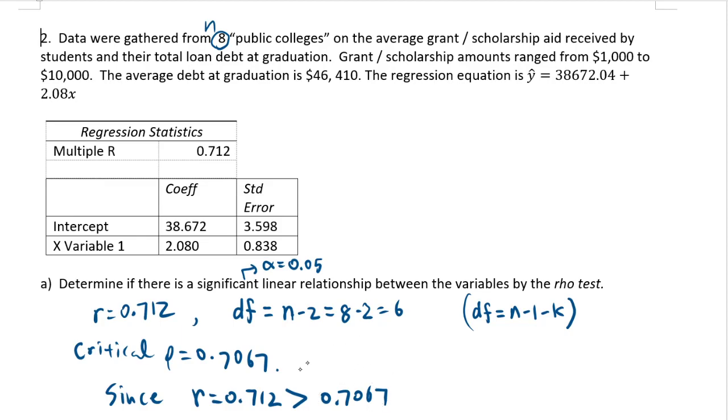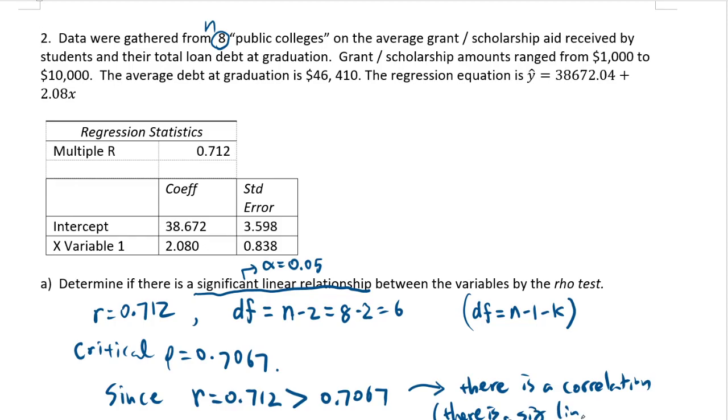So since this value is bigger than 0.7067, we know that there is a correlation. Or another way to say it is that there is a significant linear relationship.